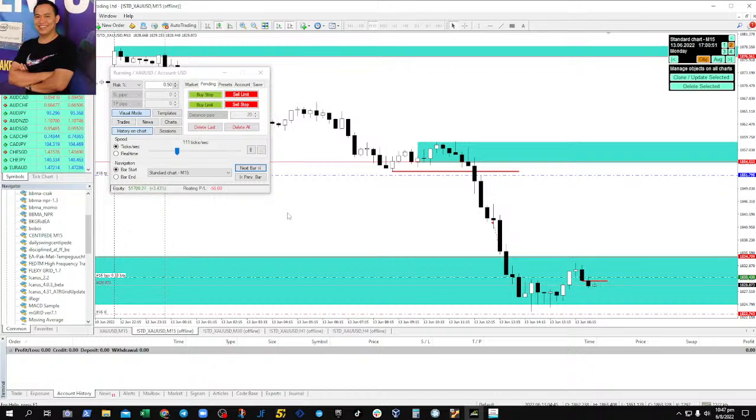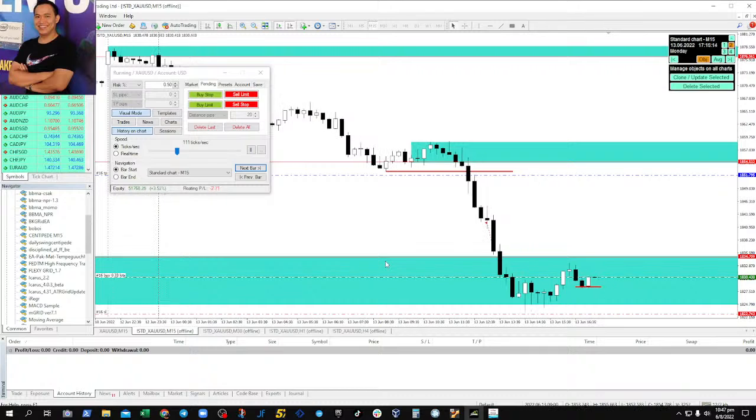Okay, now it's 22 hours, 10 o'clock my time. Come on. So it does not make a support yet. But we make a support here to continue to go bullish. Okay. 10 o'clock.